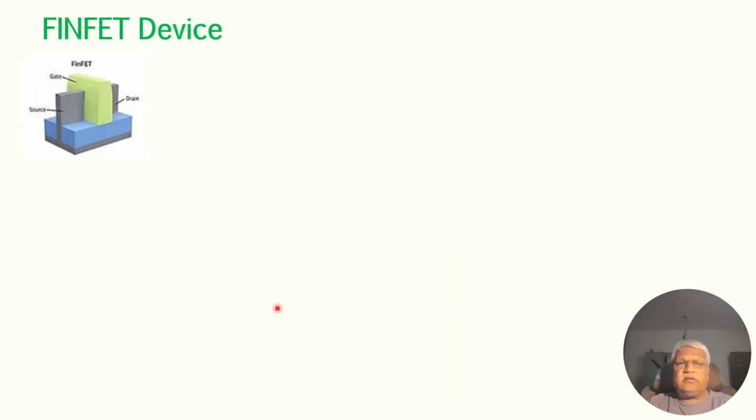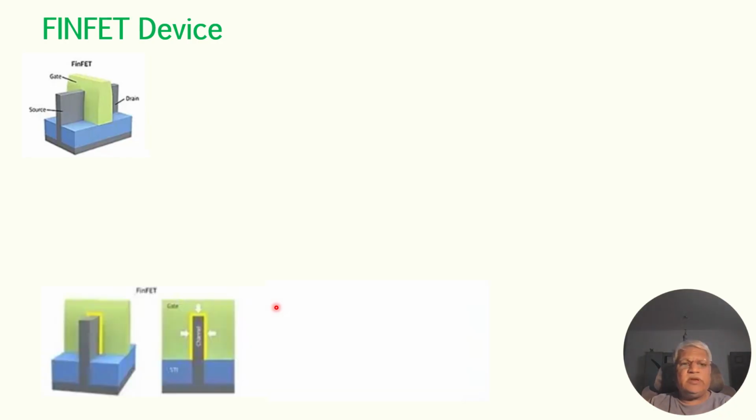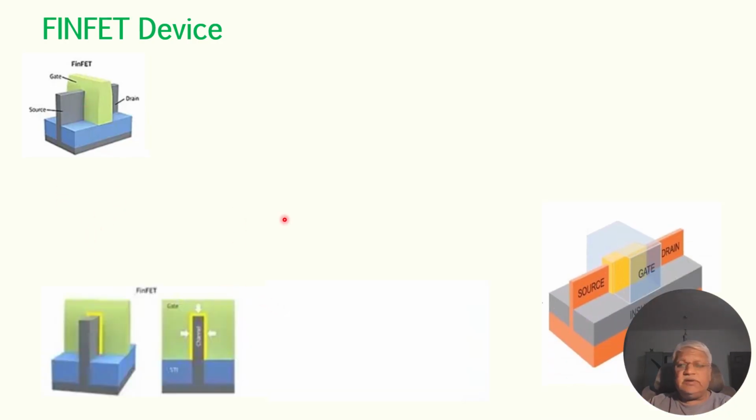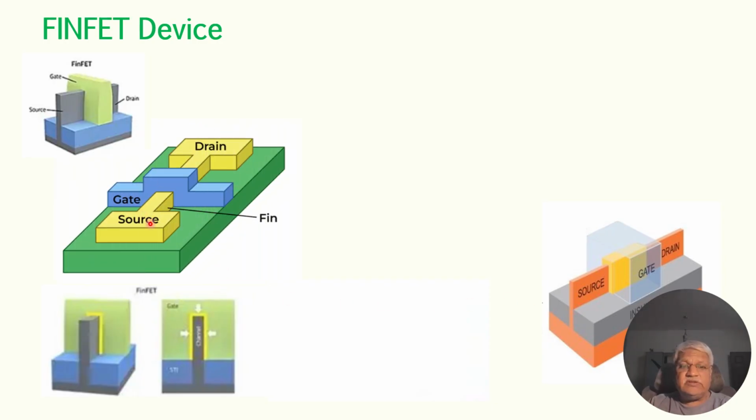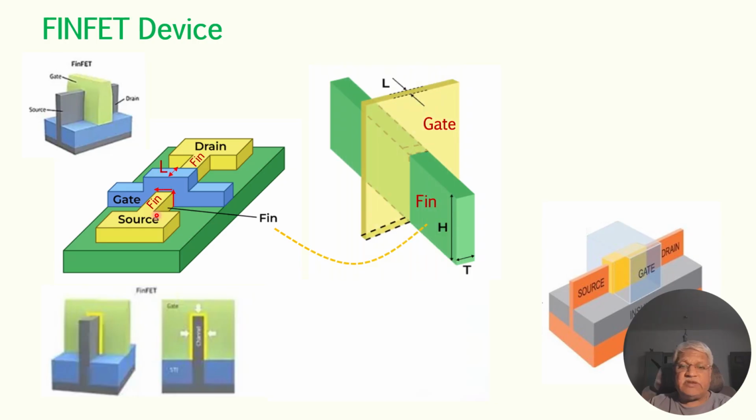Let us consider one more time the single FinFET device shown here, and this is also shown in a much better manner. Here this is the gate, this is the thin oxide, and if you see here, that is shown in another fashion, and here this is the fin, and this is the gate.